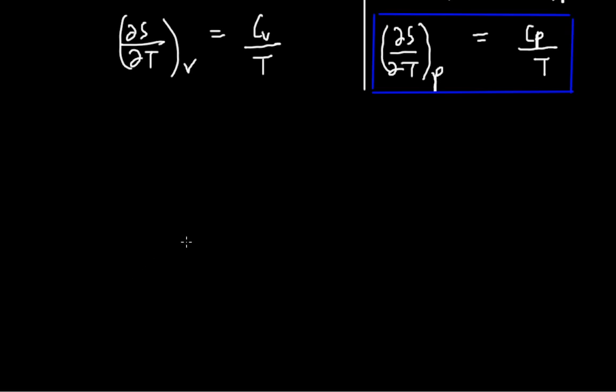Okay, so using this, how do I calculate the entropy at one bar? First, I need to find out the value of entropy at 0 Kelvin.